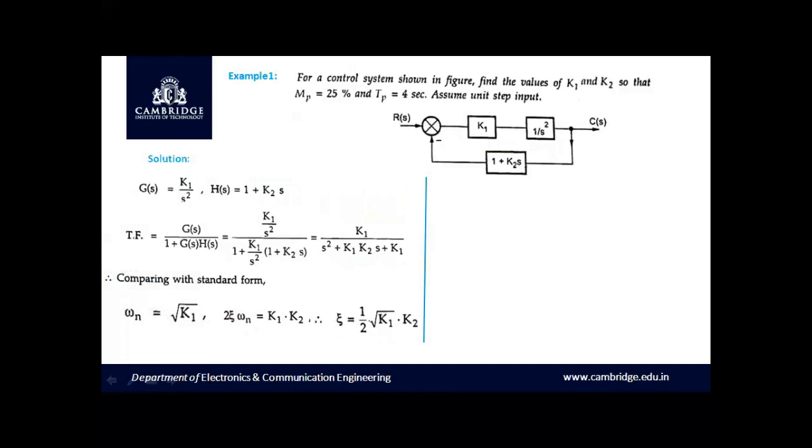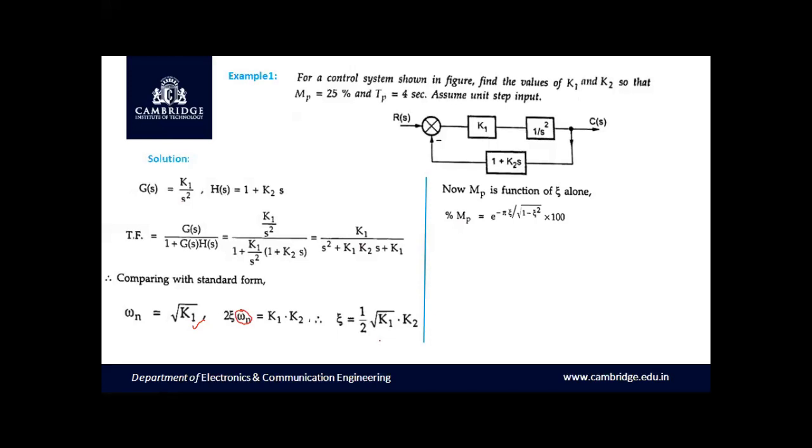Hence, I can write zeta is equal to 1 divided by 2 into, let us substitute for omega n as square root of K1. Hence, I get 1 by 2 into square root of K1 into K2. We know the formula for maximum peak overshoot MP, which is given by e to the power of minus pi zeta divided by square root of 1 minus zeta square into 100.